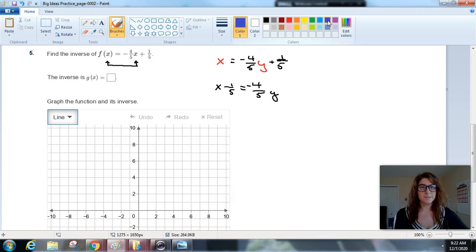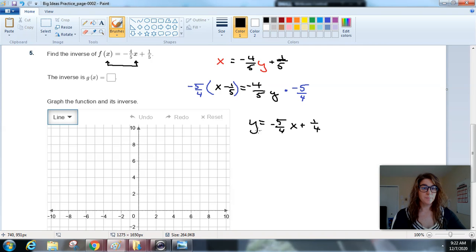And then from here, your easiest way to get your -4/5 gone is to multiply by the reciprocal, so -5/4. And you multiply it to everything on this side as well. And you would end up with y equals -5/4 x plus 1/4.